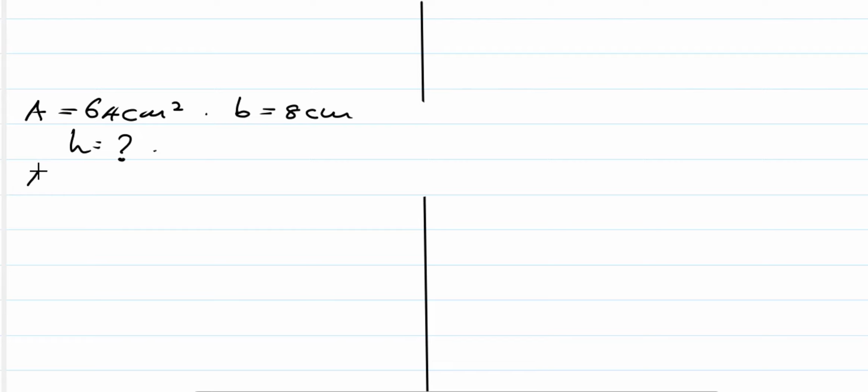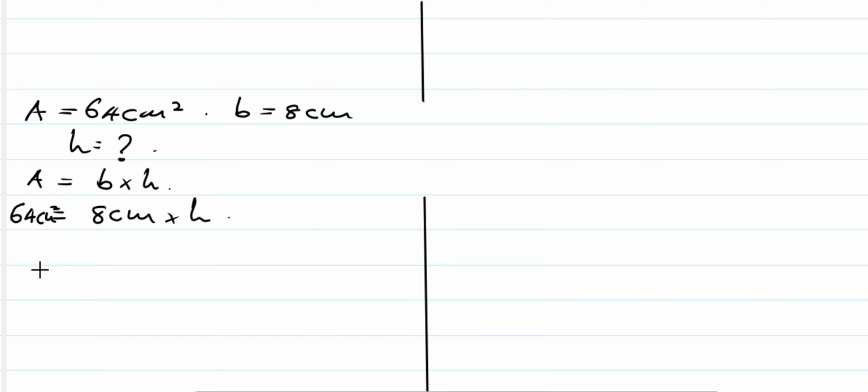But we know area of a parallelogram is given by base B multiplied by height h, like that. So it will be base, we have it, which is 8 centimeters multiplied by height, but we don't have the height. But we have the area, which is 64 centimeters squared.